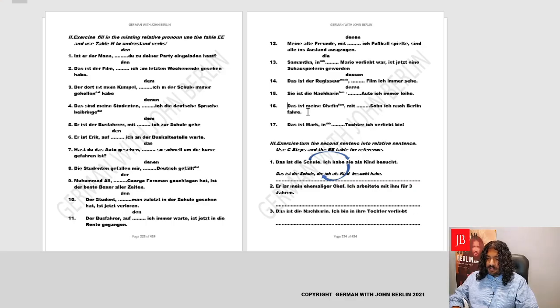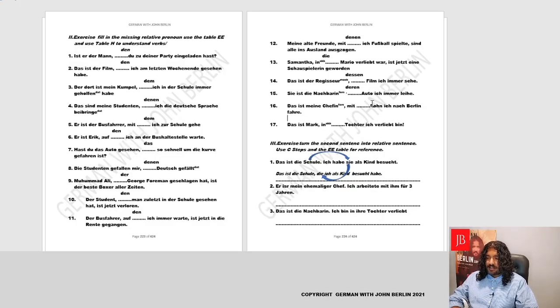Das ist meine Chefin. Mit dash Sohn ich nach Berlin fahre. Okay, again. Now the verb is fahren. Who drives where? Now here it is with whom. With whose son? Yes, that's the logic here. With whose son do I drive to Berlin? So mit we already know it started, but that's not the point.